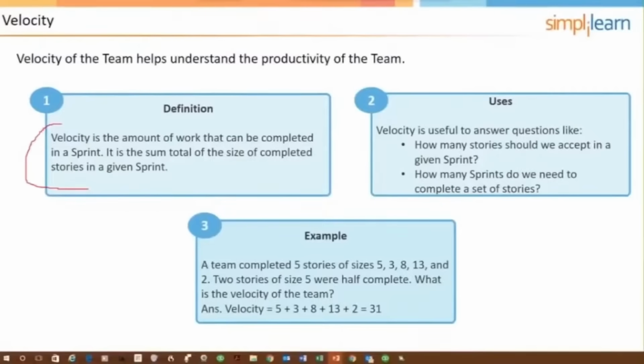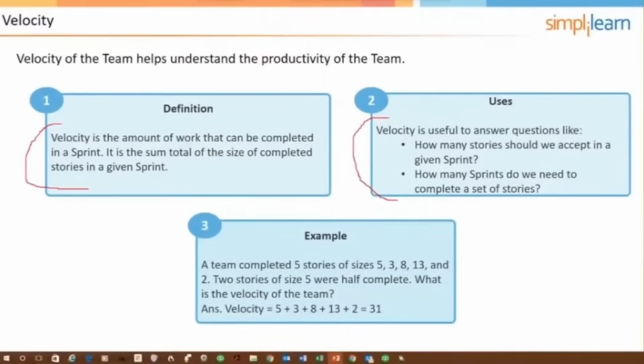And so it's an observation. If we look over to box number 2 here, velocity is used to determine how many user stories we are going to include in a given sprint, and also how many sprints we are going to need to create a release or a set of user stories.